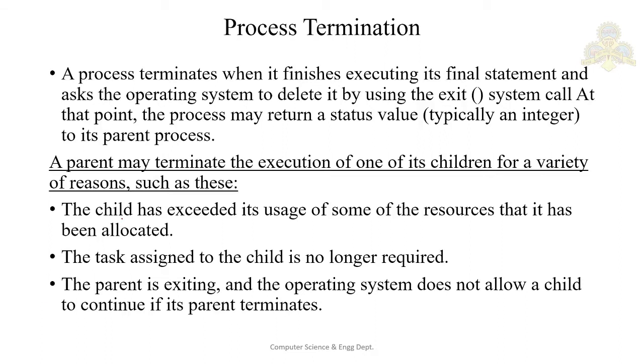Whenever the child has exhausted all the resources allocated to it, the parent has the right to terminate its children. The next reason could be that the task assigned to the child is no longer required. This is easy to understand. Whatever task has been allocated to the child, if the parent does not need it, the parent can terminate the child.